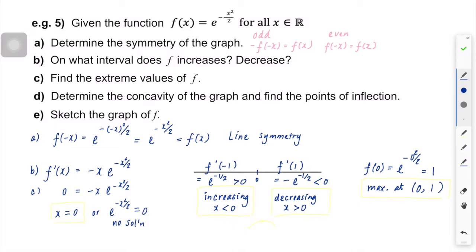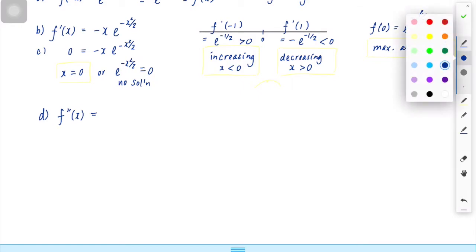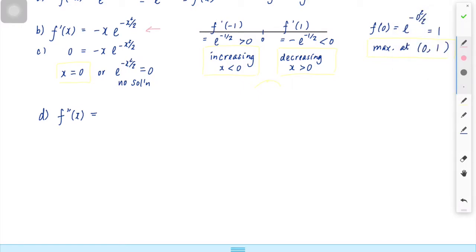Part D of the question asks for concavity of the graph. So now we need to take the second derivative, f double prime of x. We have a product. So let's go.